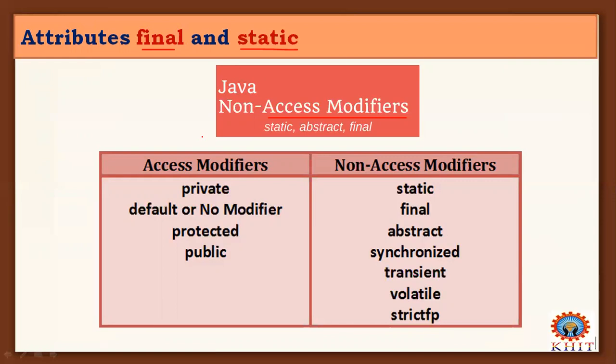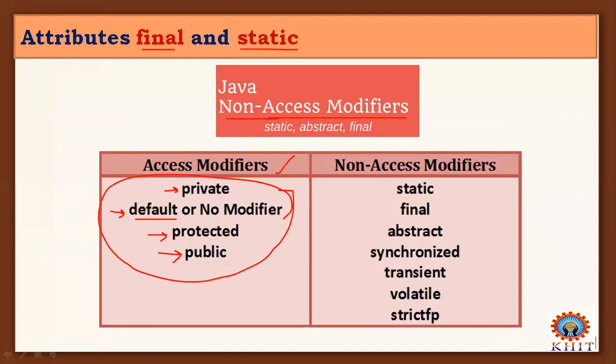We know private well, no access specification is considered as default, and then protected and public. We already went through these topics, and we will discuss these access modifiers again in the inheritance and packages concepts.